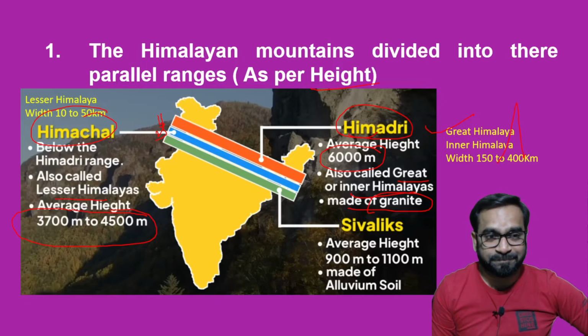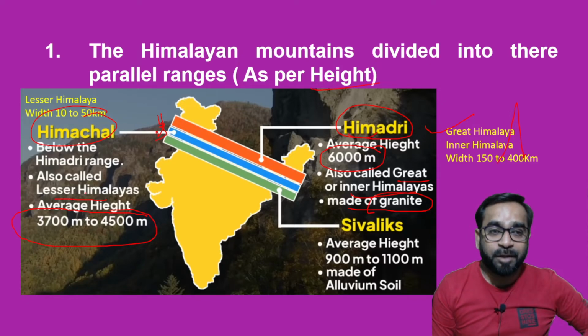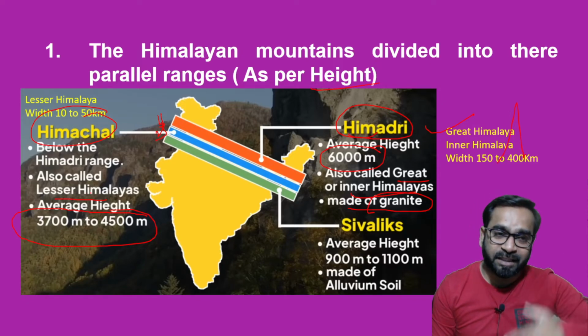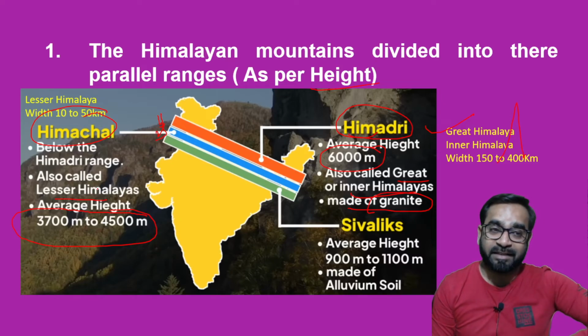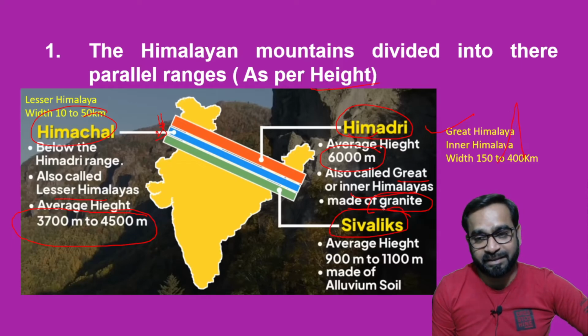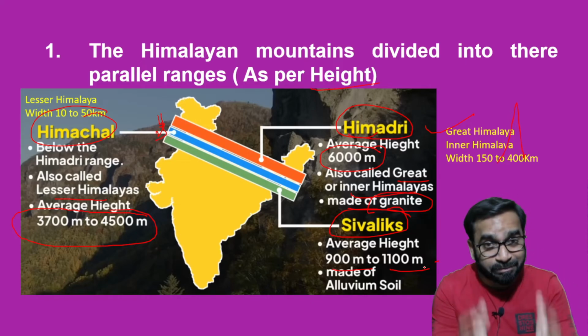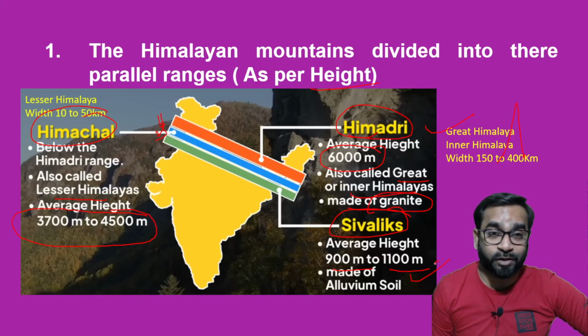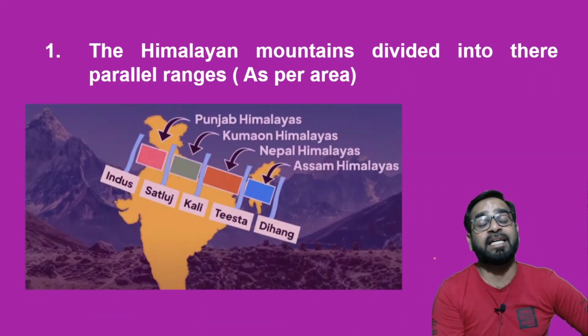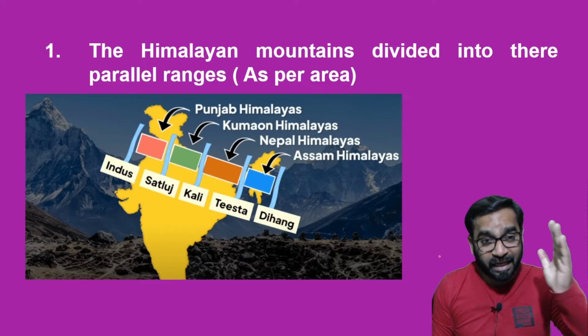Below the Himalaya, we got Himadri, Himachal, and below the Himachal we got the Sivaliks, my dear students. The average height of the Sivalik is 900 meters to 1,100 meters, and it is completely made up of alluvial soil, my dear students.